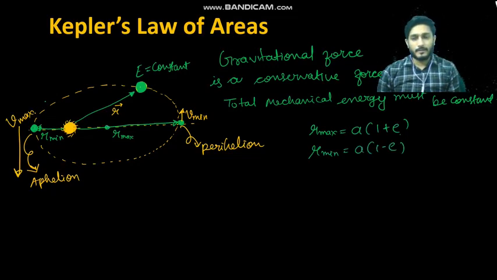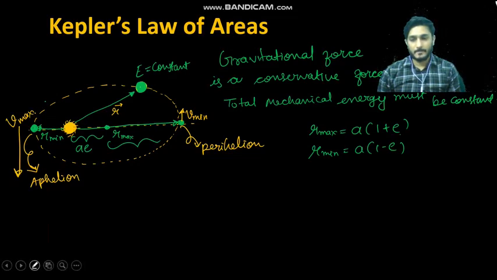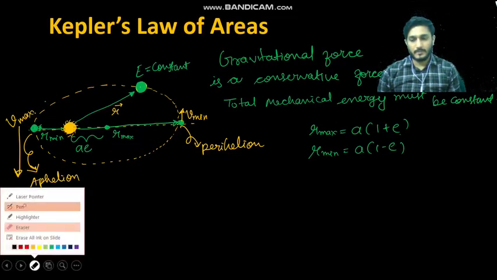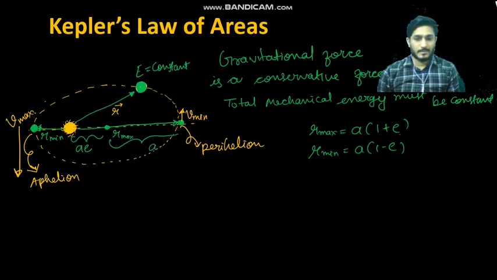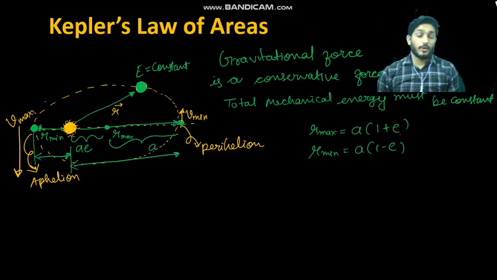We know that from the center to the focus, the separation is ae, so a plus ae is the maximum separation, and a minus ae is the minimum separation. Easy, right?